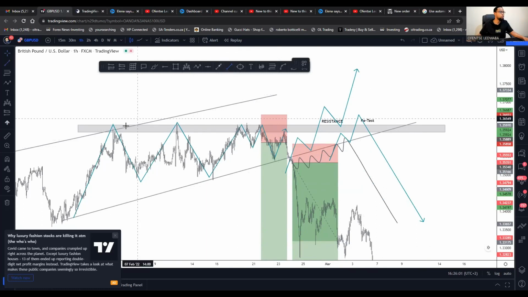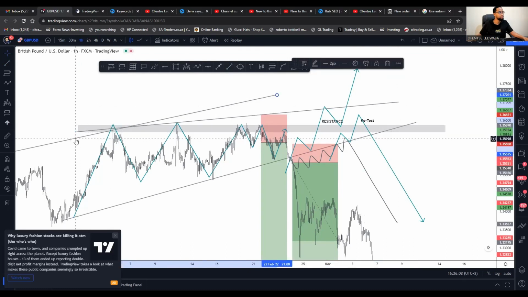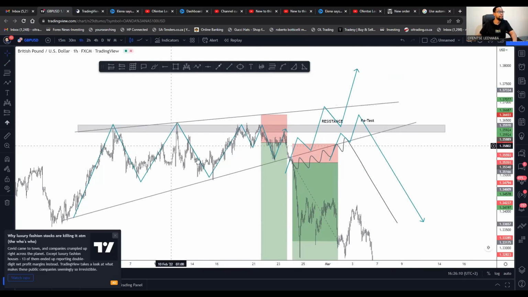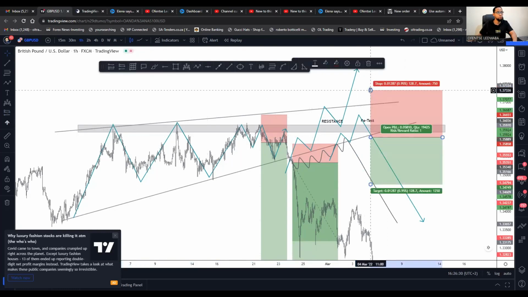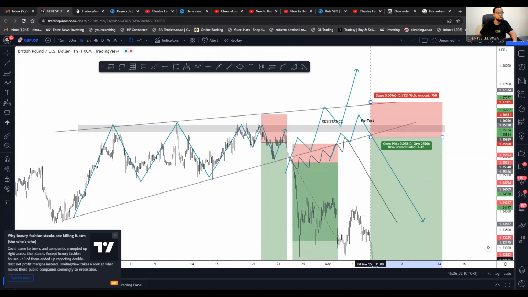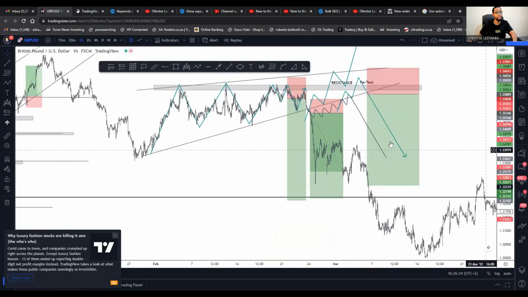And we are within the structure, because you can see we haven't broken this diagonal resistance. So we're still within it. If the market does this, then you would see that it is a fake out, and indeed you wait for market to come back here, break this support to prove that indeed, yes, we are going further to the downside.